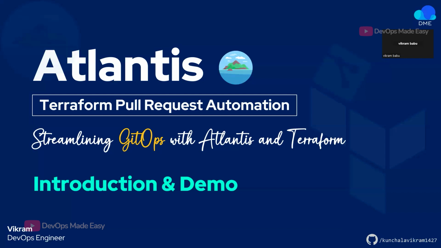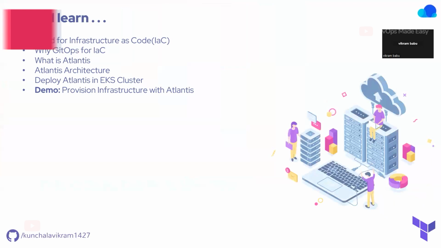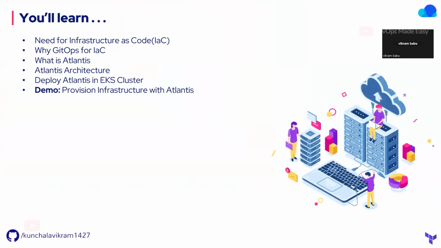So in this video, we'll mainly concentrate on understanding Atlantis, some basic configurations, and setting up Atlantis as a Kubernetes pod. For this, we'll see how to create an EKS cluster in AWS, and then also understand the Atlantis architecture, and then how you connect Atlantis and GitHub.